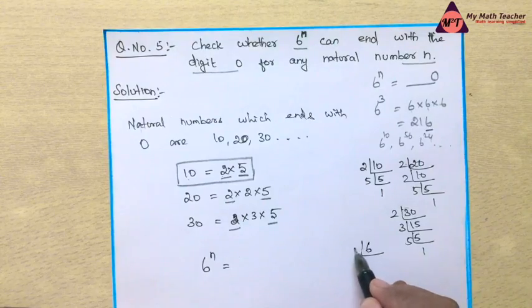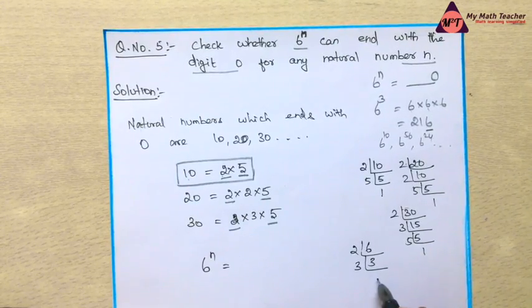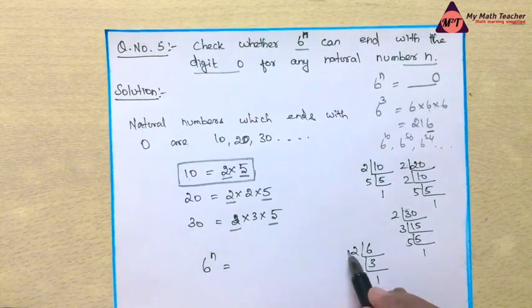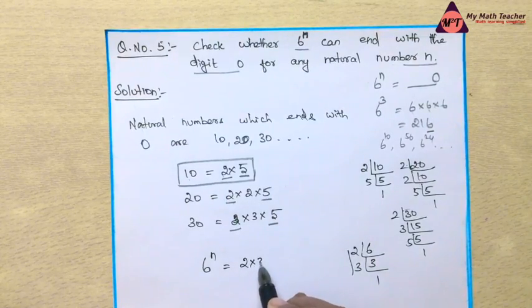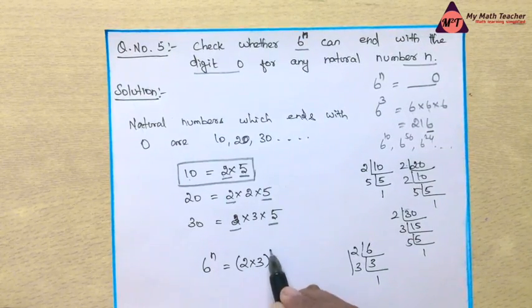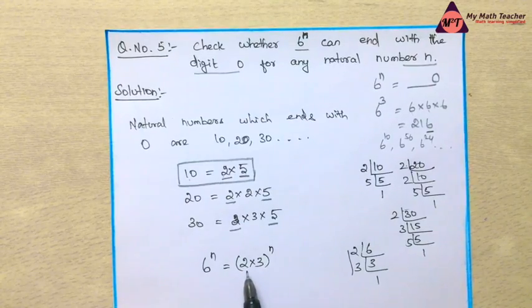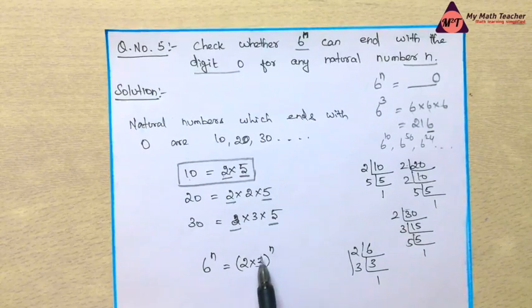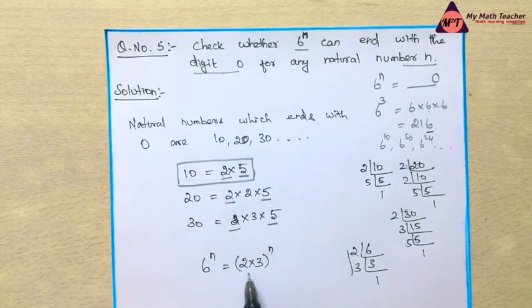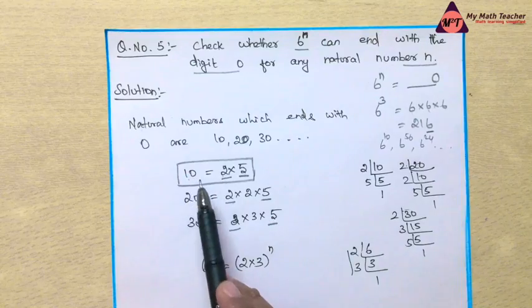6 power n. Let us prime factorize this. 6 can be divided by 2, 3, again 3, 1. 6 can be written as 2 into 3. Here, whole power n. 6 power n can be written as 2 3s are 6, whole power n. We'll compare this prime factorization of 6 with 10, which ends with 0.